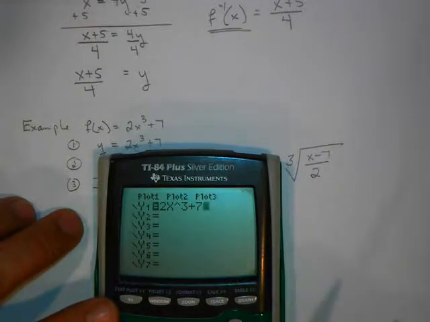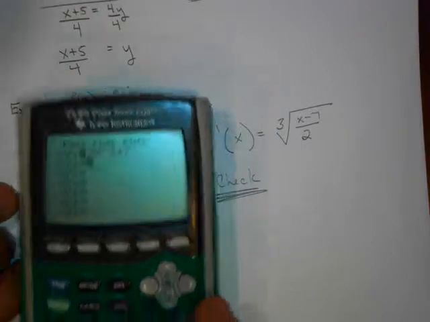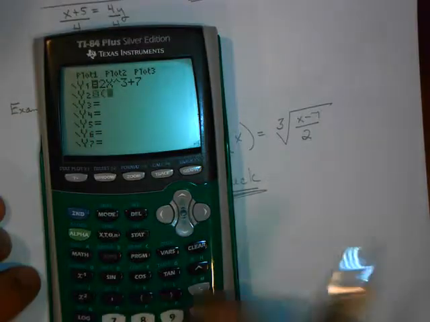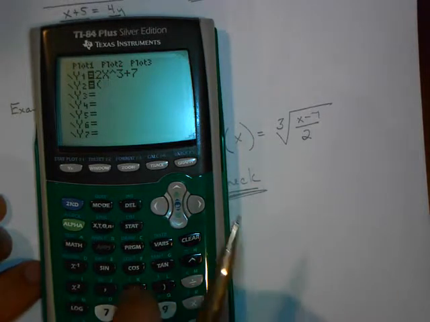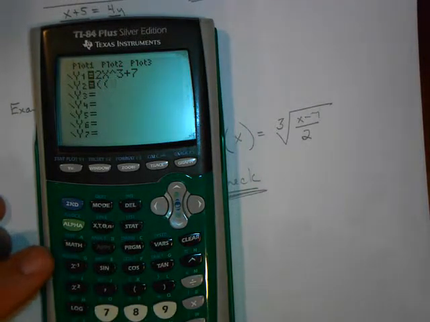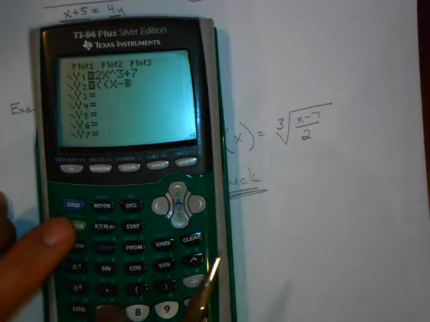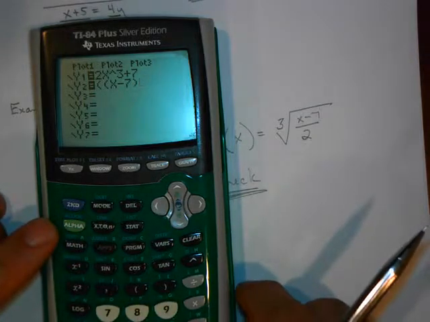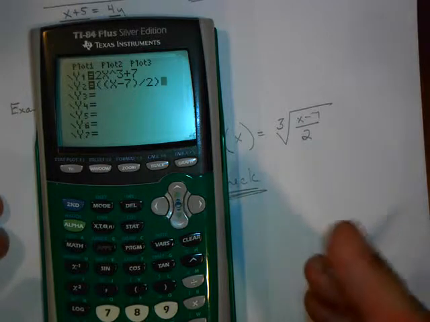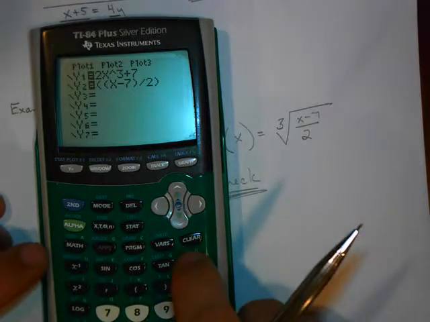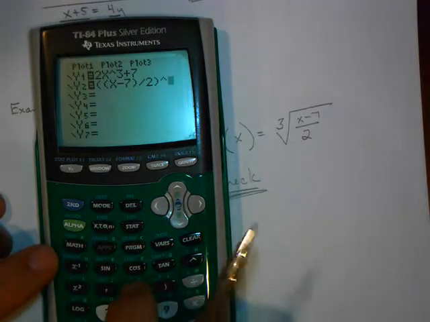Now instead of doing a cube root, I'm going to do it as an exponent. So we have to put a bunch of parentheses in with this. It's going to be x minus 7, in parentheses, divided by 2. And all of that is in parentheses because that's under our cube root. Raised in parentheses, we're going to put that 1/3 power in, which is representing that cube root.